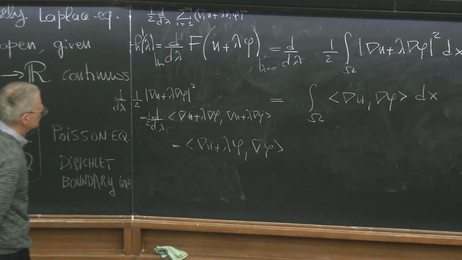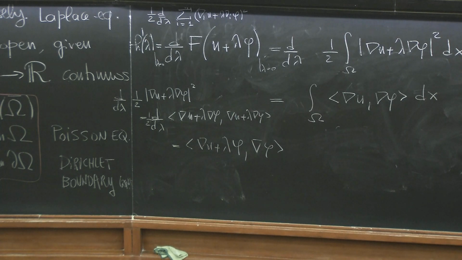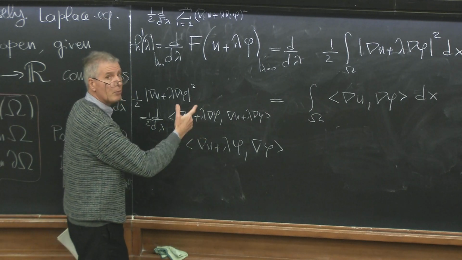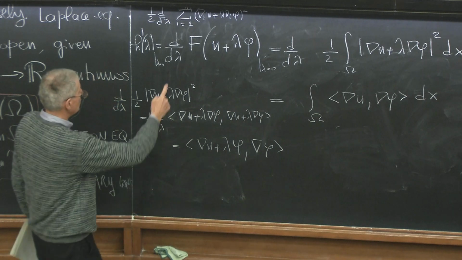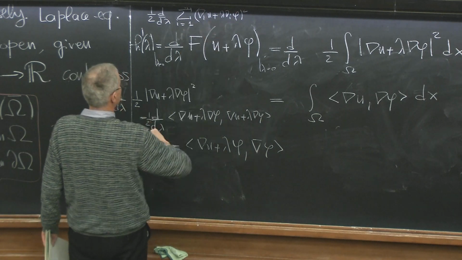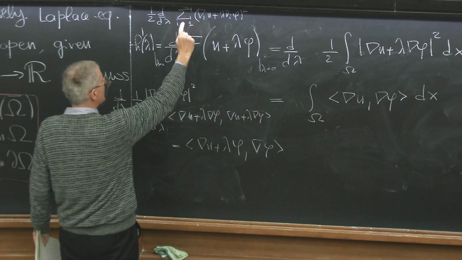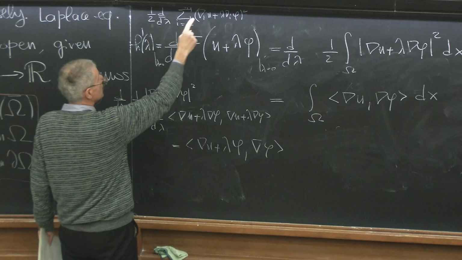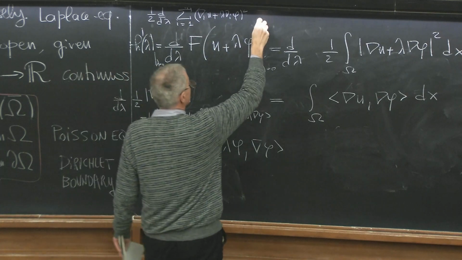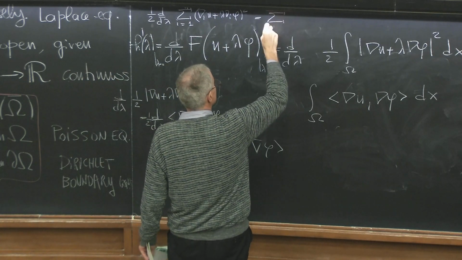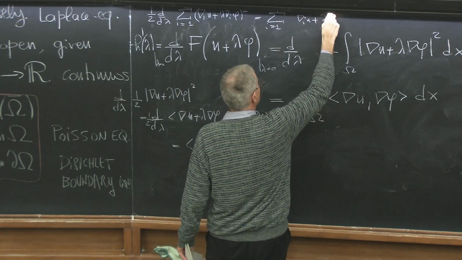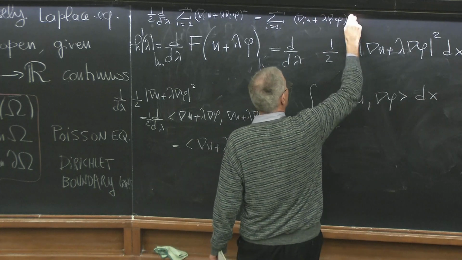Because it is just the sum of the square of all components. Now I differentiate this finite sum with respect to lambda. So 2 and 2 cancel here. Then this remains, and clearly what happens is that it is equal to the sum of grad_i u plus lambda grad_i phi, multiplied by grad_i phi.